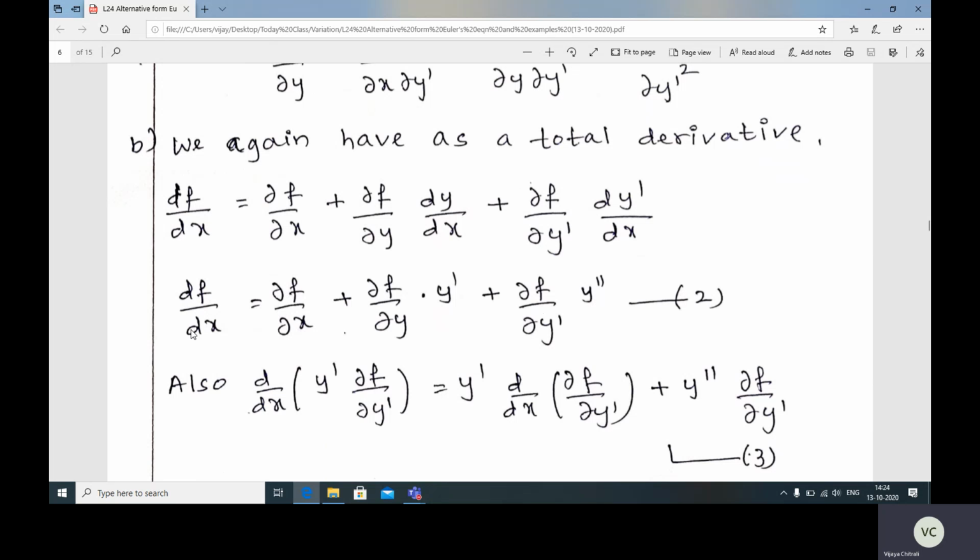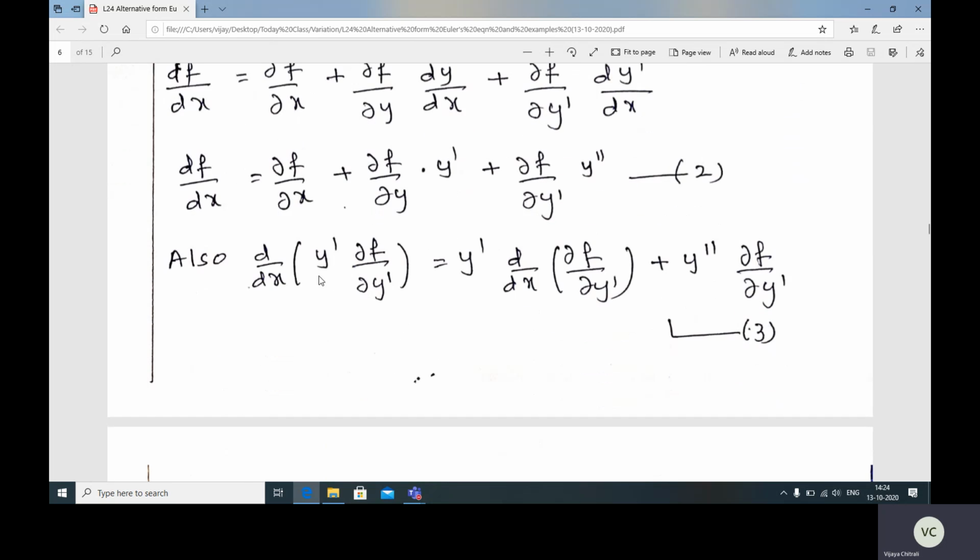So df divided by dx, or d by dx of f, is equal to ∂ by ∂x of f plus ∂ by ∂y of f into y', plus ∂ by ∂y' of f into y''. Take this as equation 2.